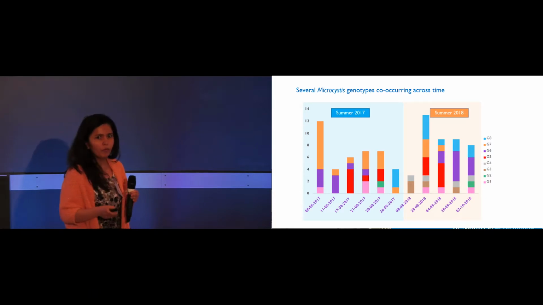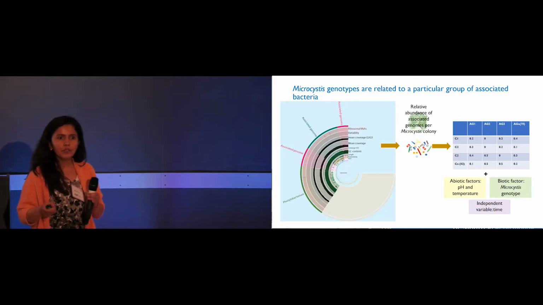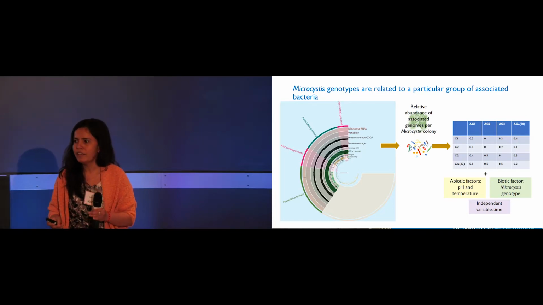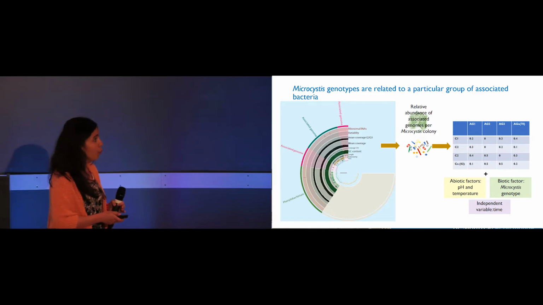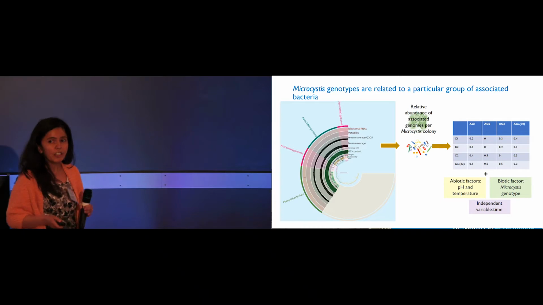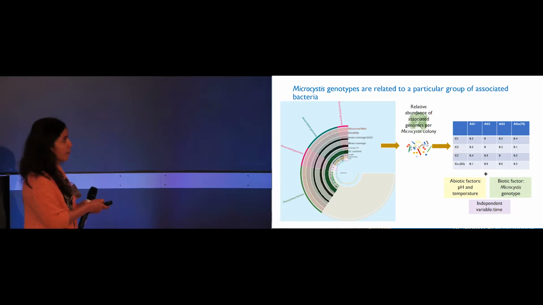So now, once I started to work with the associated genomes and forgot about the sequences related with Microcystis, what we found is that we had the associated genomes for each colony of Microcystis.